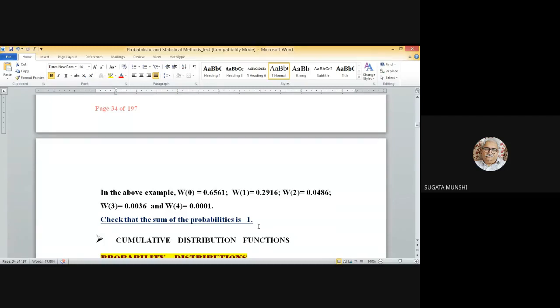After the probability mass function, we will consider what is called the cumulative distribution function. Our attention is still confined to discrete random variables.